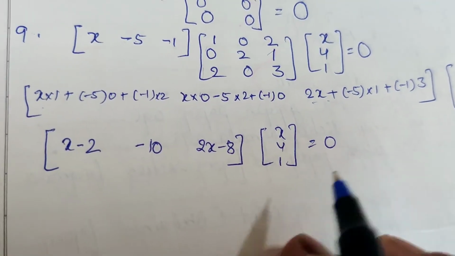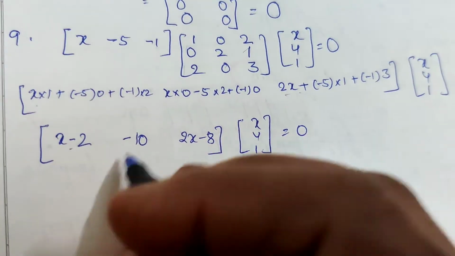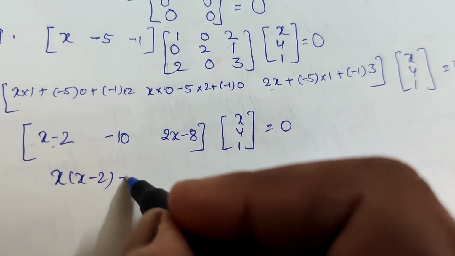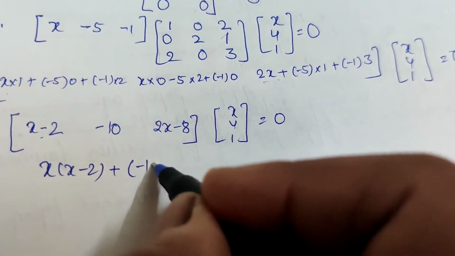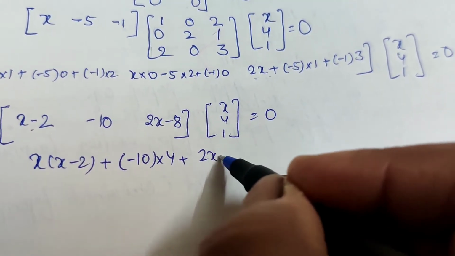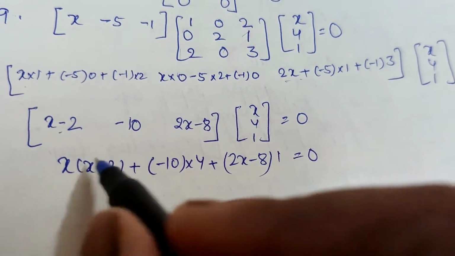Okay. Now first row first column only x into x minus 2 plus minus 10 into 4 plus 2x minus 8 into 1 equal to 0.